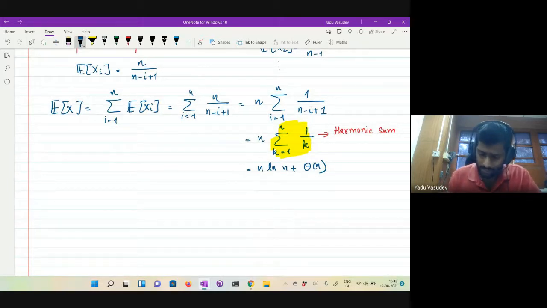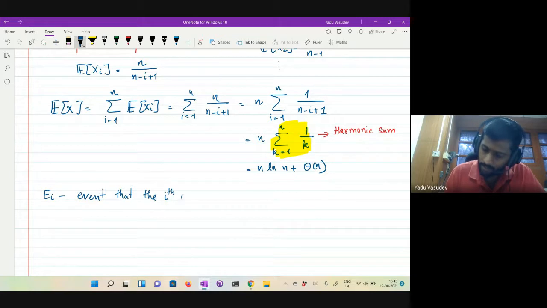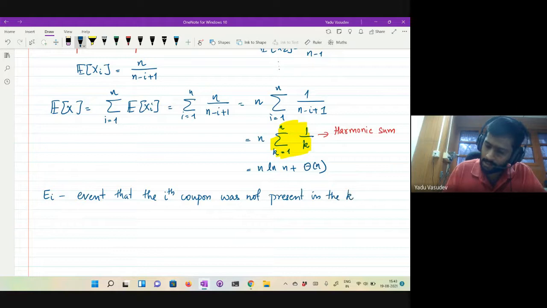Okay, so let E_i be the event that the ith coupon was not present in the k boxes that were bought for some k.